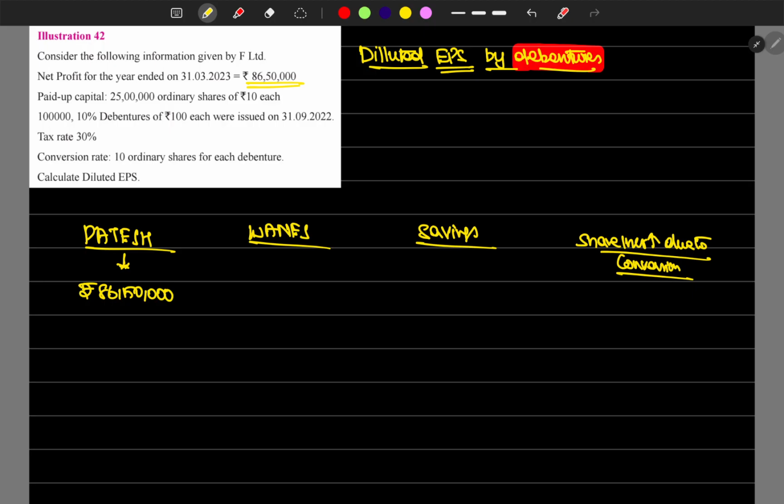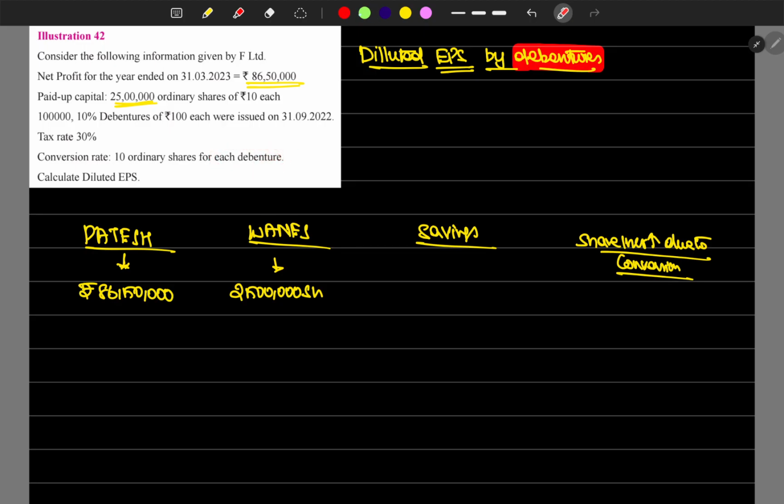And the denominator is 25 lakh shares, total paid up shares, see, 25 lakhs. And there are 1 lakh 10% debentures of rupees 10 each, issued on 31/9/2022. Tax rate 30%. Conversion rate is 10 ordinary shares for each debenture.